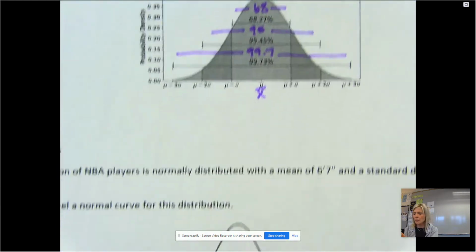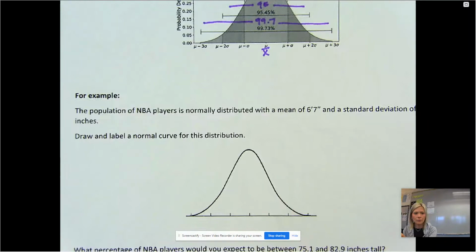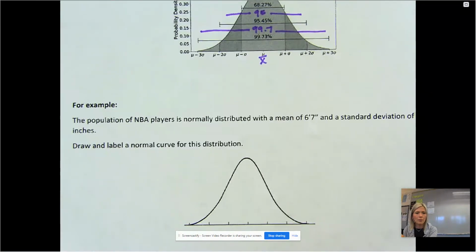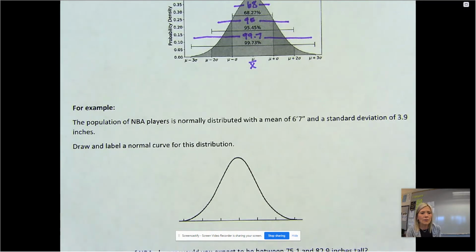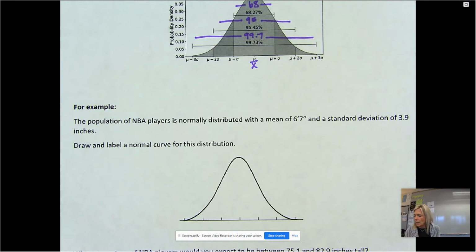So I made an example here for you. It says the population of NBA players is normally distributed with a mean of 6'7" and standard deviation of 3.9 inches. So that would be the height of NBA players. Draw and label a normal curve for this distribution.